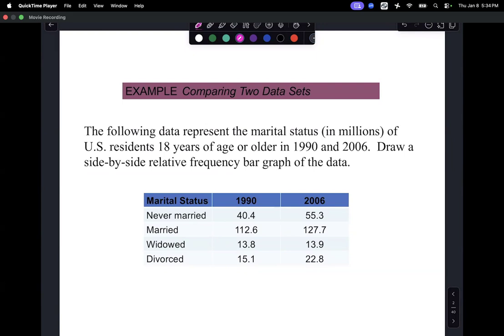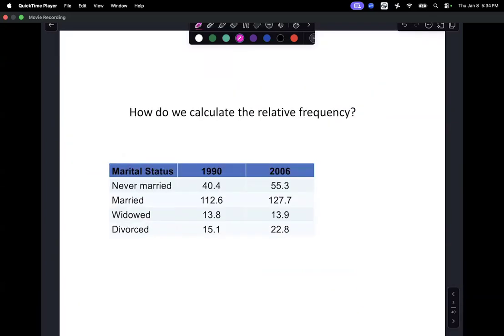Even though it shows that the widowed is exactly the same amount, clearly, since there are more people in 2006, the widowed percent would be lower. So we're not really comparing apples to apples, but it still will be an interesting graph side by side. We're actually going to do relative frequency.